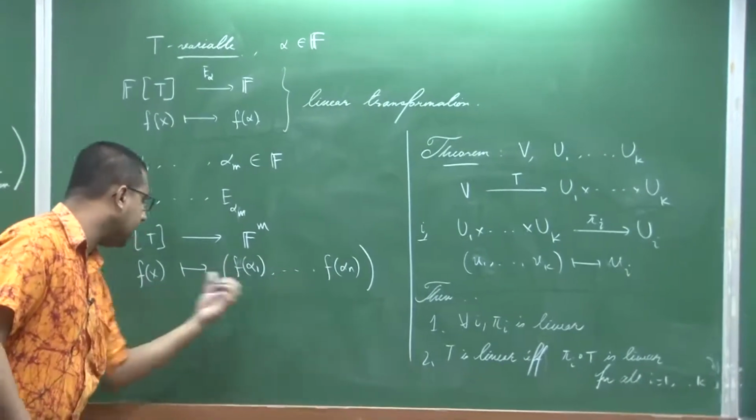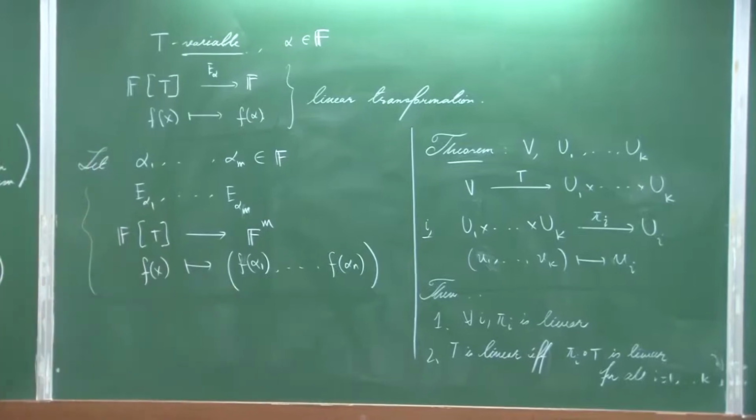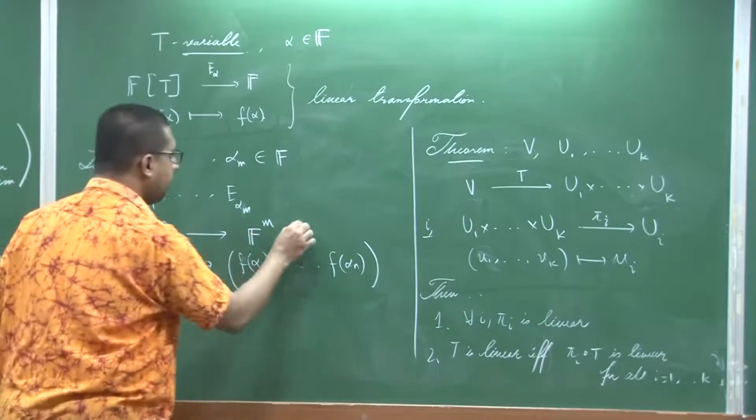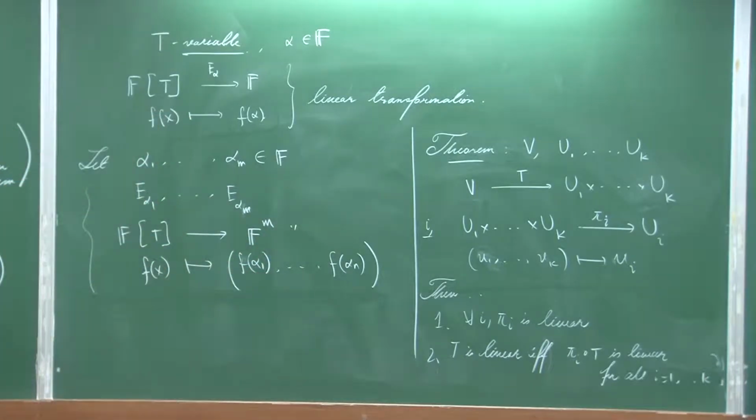So, that is how I was telling you in this context that we have proved. If for each alpha the map x goes to f of alpha i, which is the ith coordinate of this map, since we have seen that the ith coordinate is a linear function, therefore this will be a linear map.